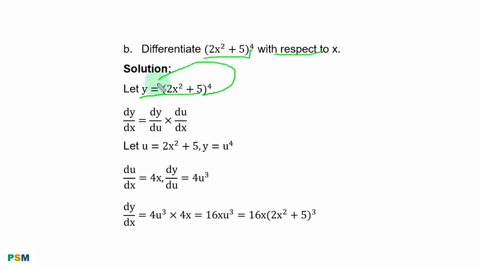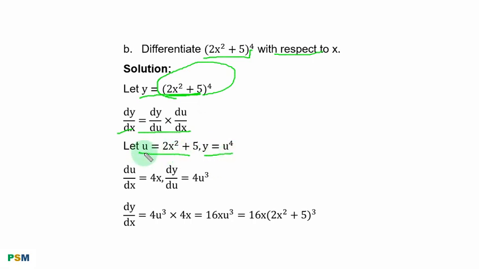Problems like this are best differentiated using the chain rule, which is dy/ds equal to dy/du times du/ds. The term inside the bracket that is raised to the power, you let it equal to u. If you put u in this place, y becomes u power 4.